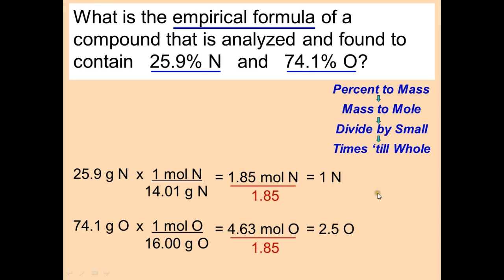And then the last step is times to whole. If one of these is a decimal, which there is in this case, we multiply by a number so that it becomes a whole number. So 2.5, which has a 1/2, we need to multiply by 2 to get a whole number. Or if it's a 0.3333 repeater, then we have to multiply by 3.